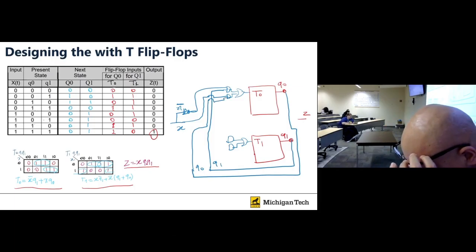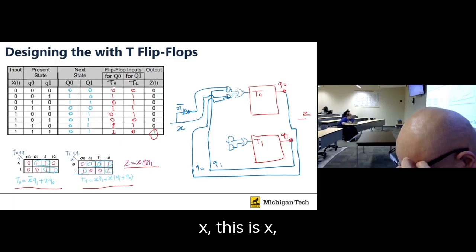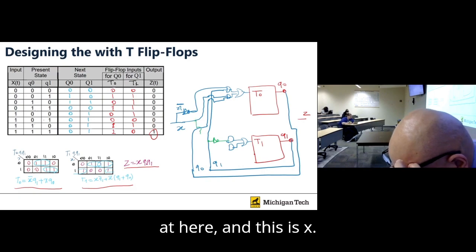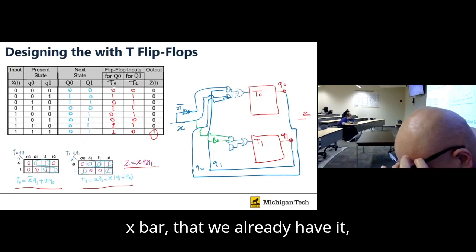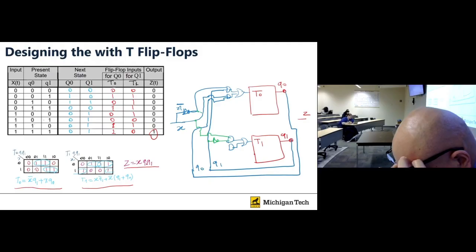That's done. Color another one. T1. X. This is X. And Q1 bar. Q1 bar. That here, and this is X. Okay, that's another one. And X bar that we already have, it is X bar.